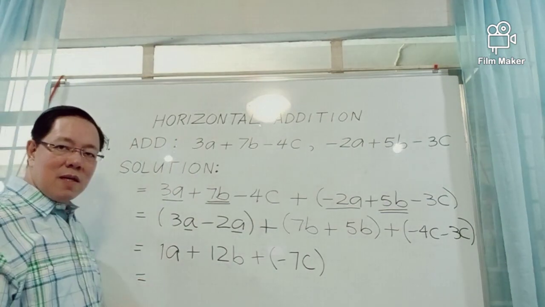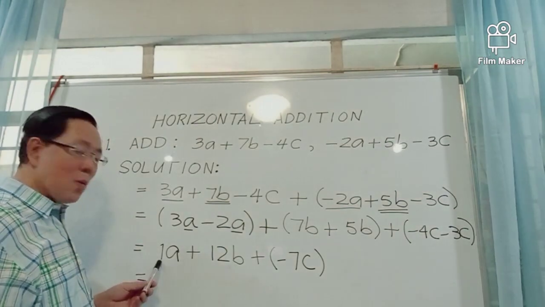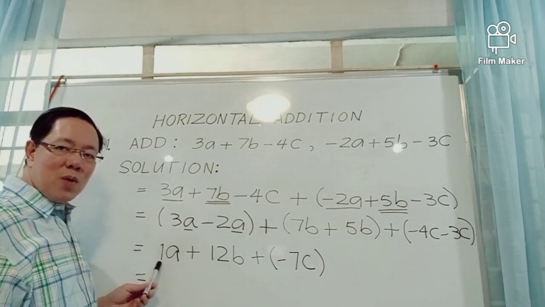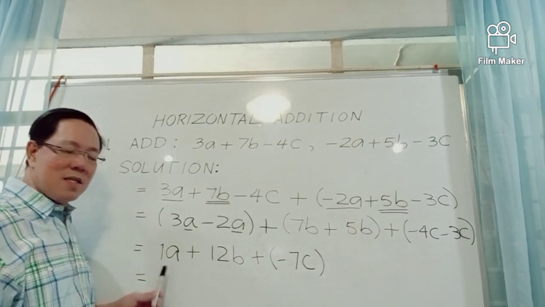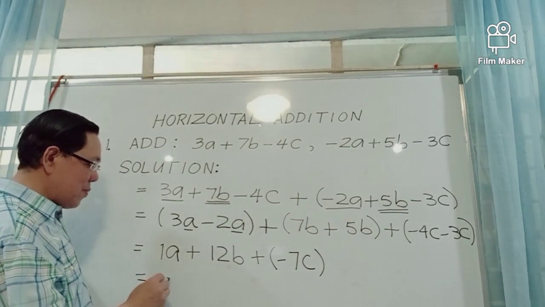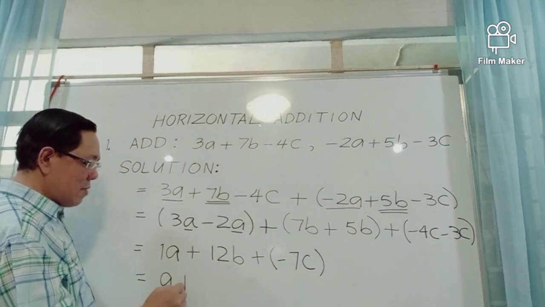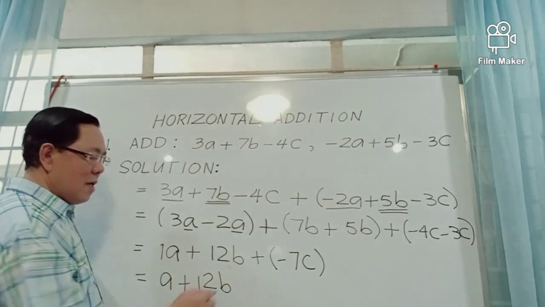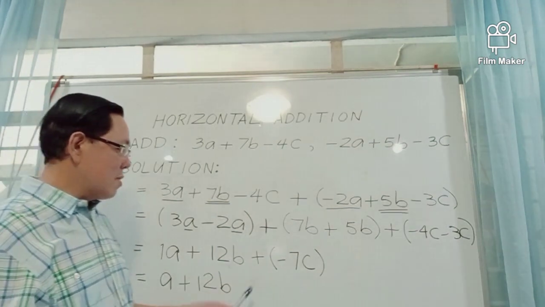As we said, if the numerical coefficient of the term is 1, we omit the numerical coefficient 1 and simply write the literal coefficient a. So the first term is simply a plus 12b. In the final answer, we should remove the grouping symbols.